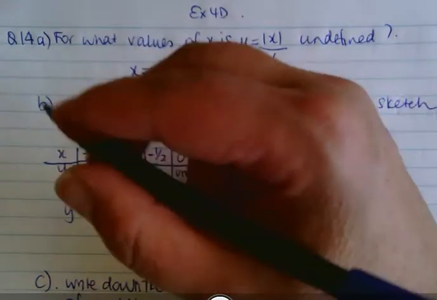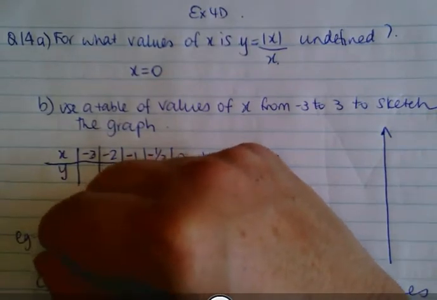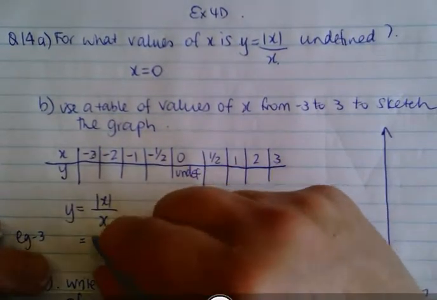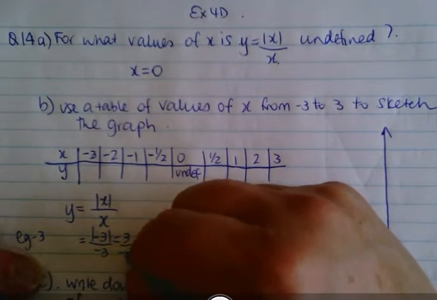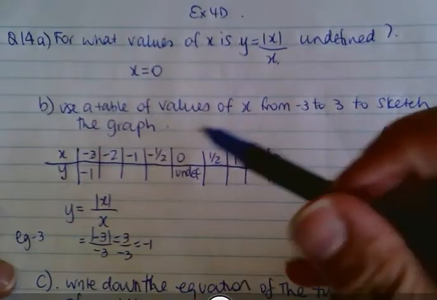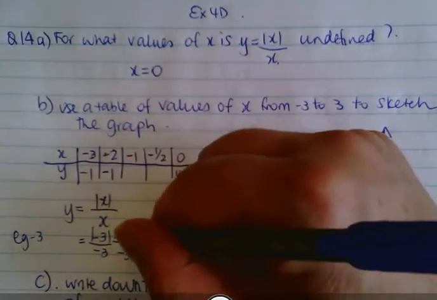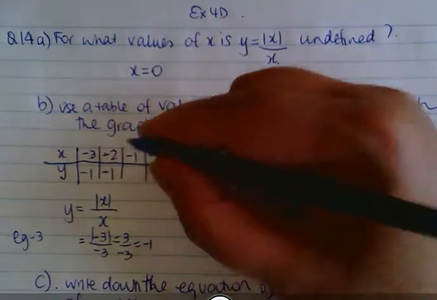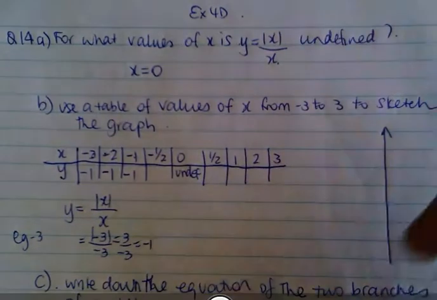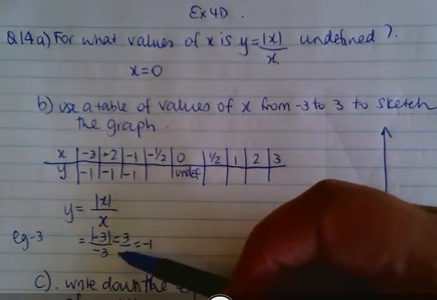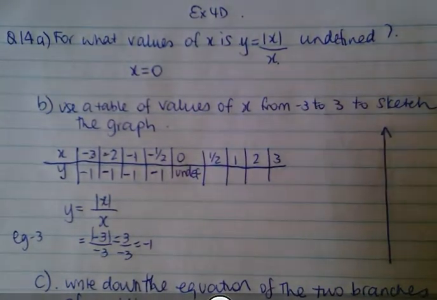Then you're dividing by -3, so 3 over -3, which is -1. You'll get the same answer for -2, 2 over -2, and the same for -1, and 1/2 divided by -1/2 will also be -1. So these all appear to be -1.